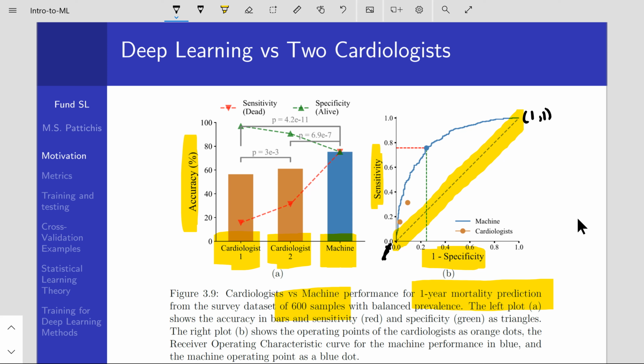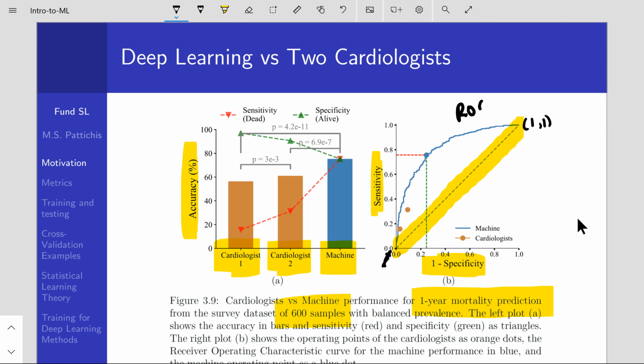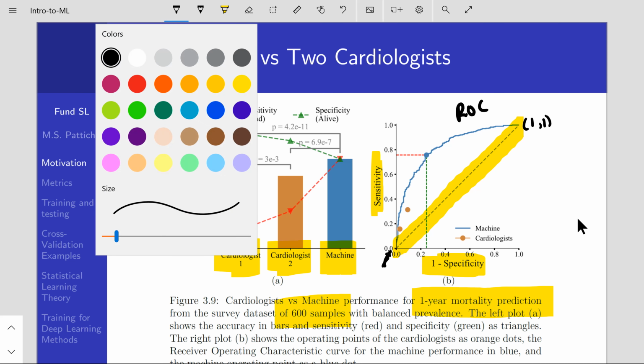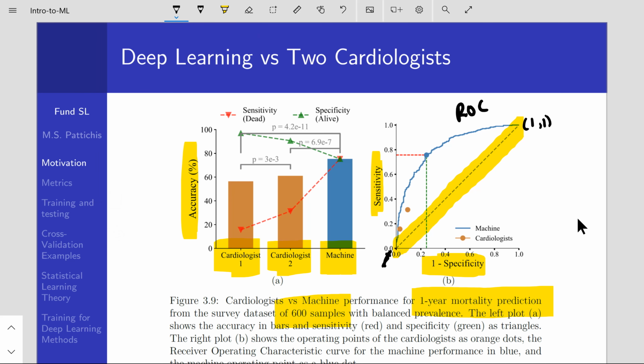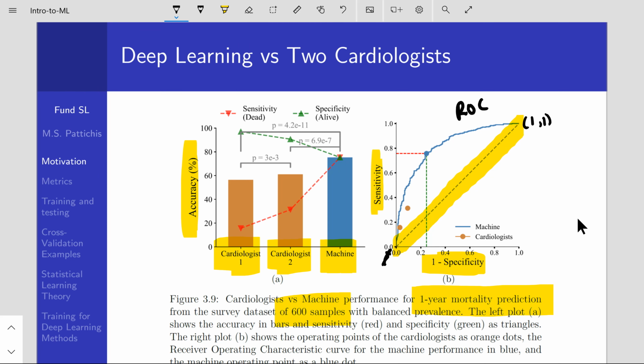What we study is what we call the ROC curve. Let me just make this smaller. We want to develop systems that stay above this curve. So in his dissertation, he generated the graph that is shown here.